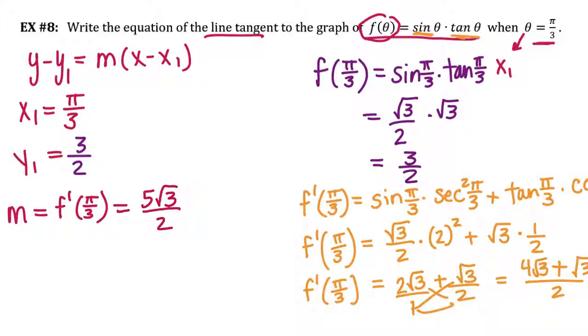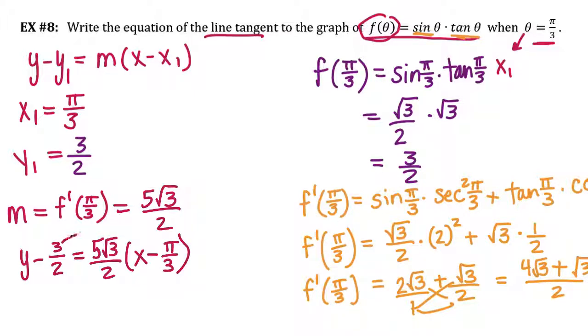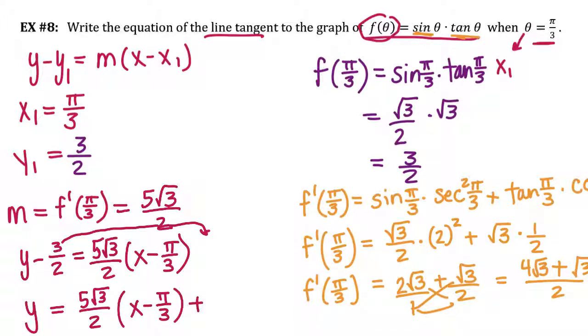So I'm going to have y minus 3/2 equals our slope, so 5 root 3 over 2 times x minus pi over 3. And let's go ahead now and get in the habit of adding that 3 halves over, so that I have y equals 5 root 3 over 2 times x minus pi over 3, and then plus 3 halves.